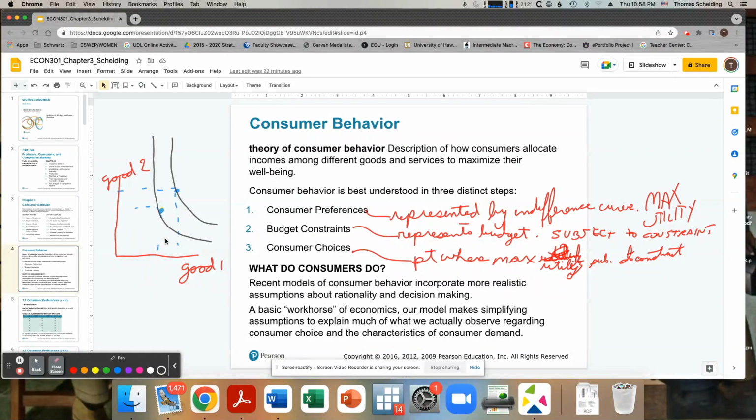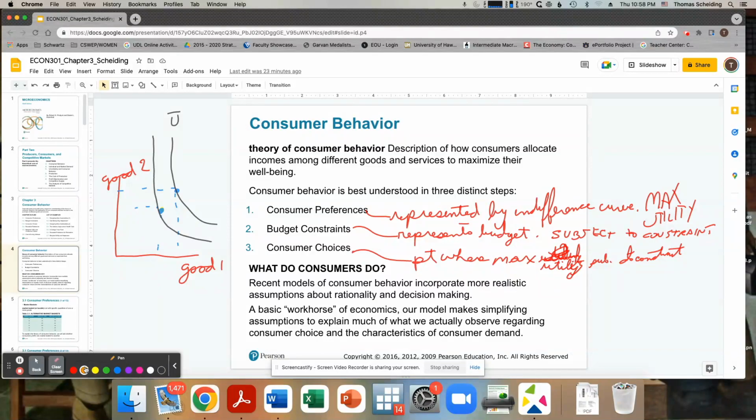It's called an indifference curve. It's a curve where the utility is constant, the happiness is constant. The further out the indifference curve, the greater the utility, the greater the happiness.